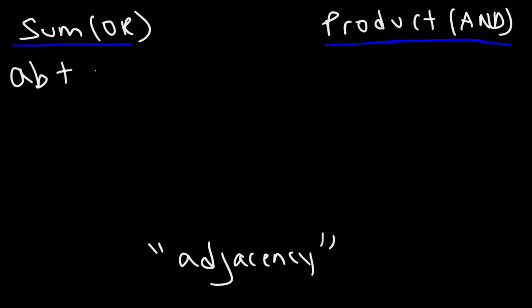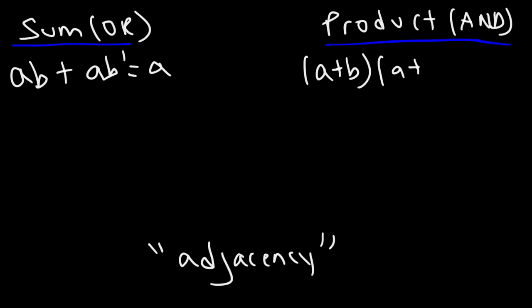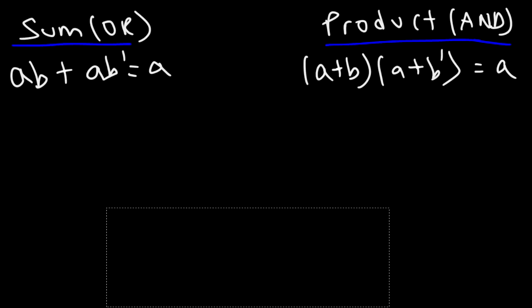AB plus AB prime is equal to A. And the other one goes like this. A plus B times A plus B prime is equal to A. Using the rules that you already know, go ahead and prove that those equations are true.